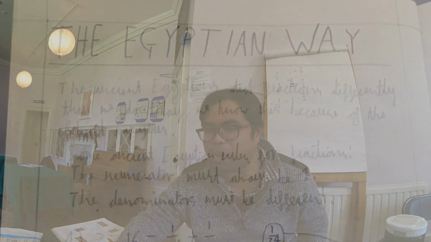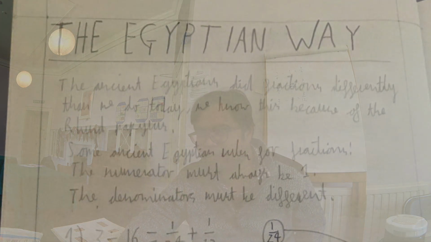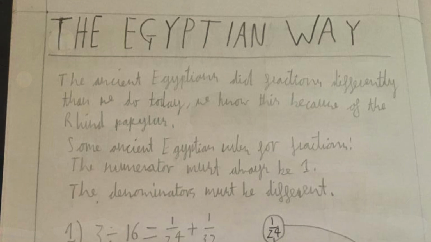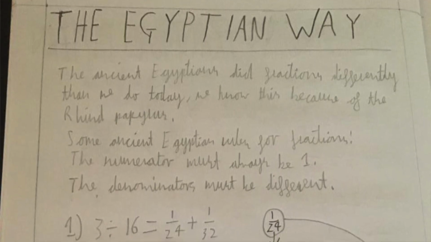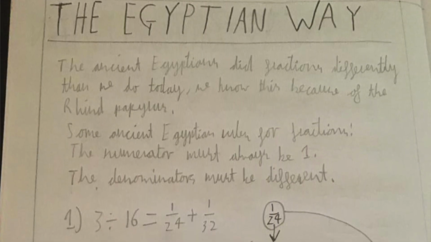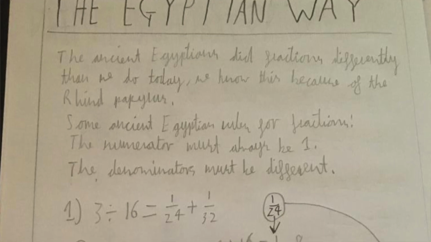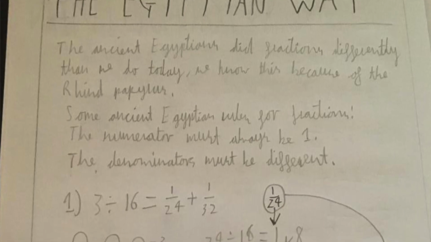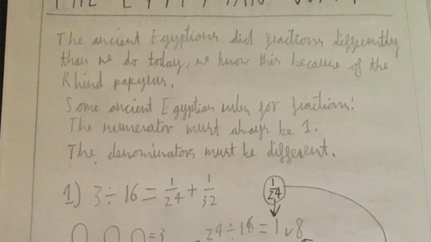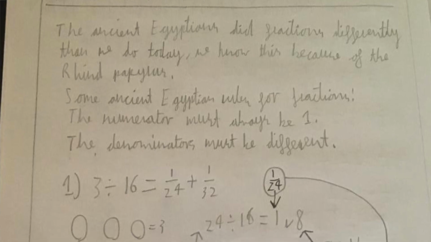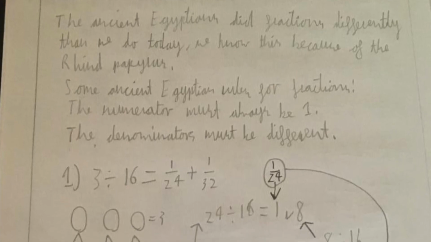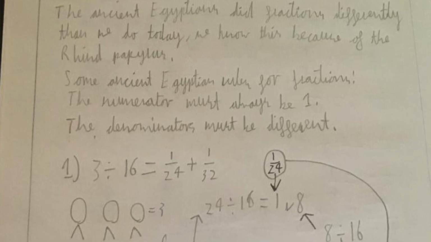And so, I'm going to show you some of your classmates' work. So this is from one of your classmates, if you recognize his handwriting. And so you got an answer here. The first one is 3 loaves of bread shared between 16, the first piece is called 1 over 24, right?